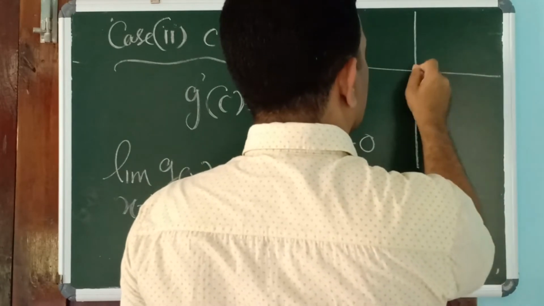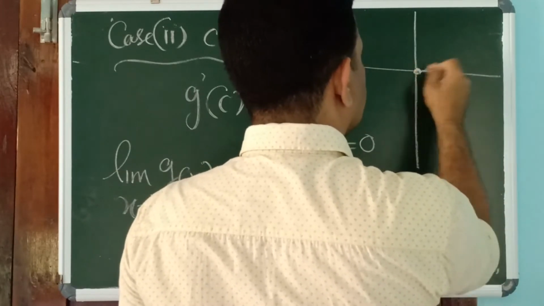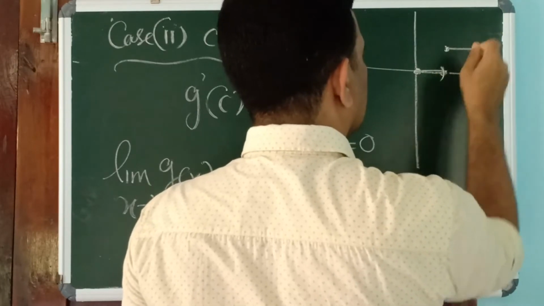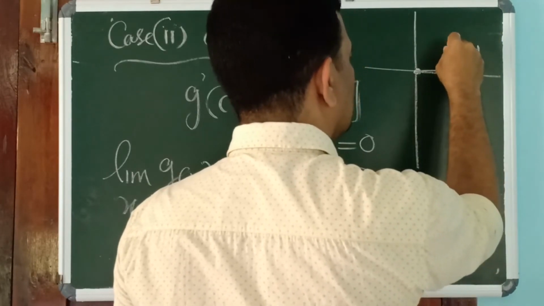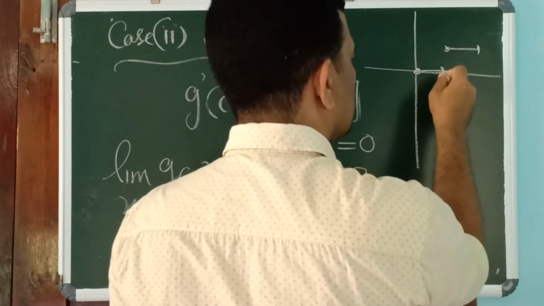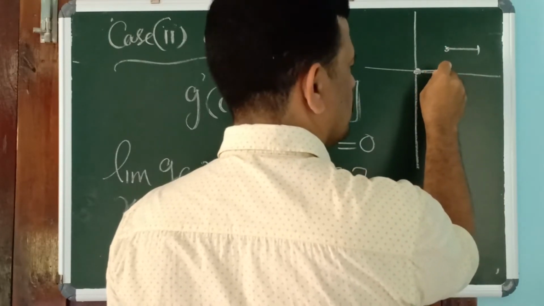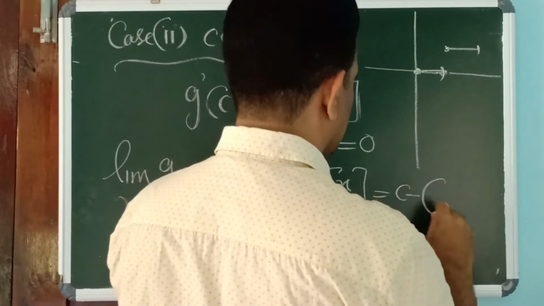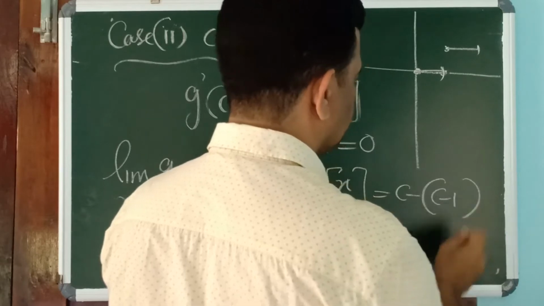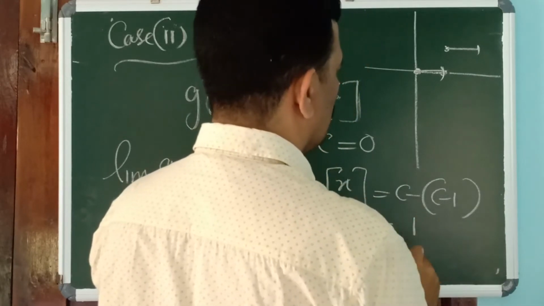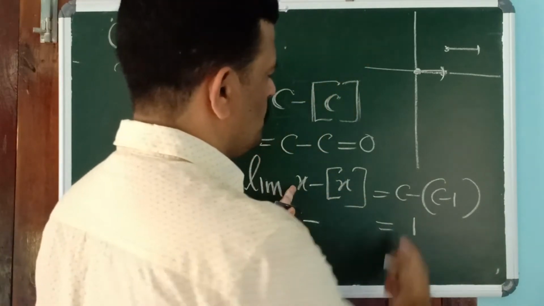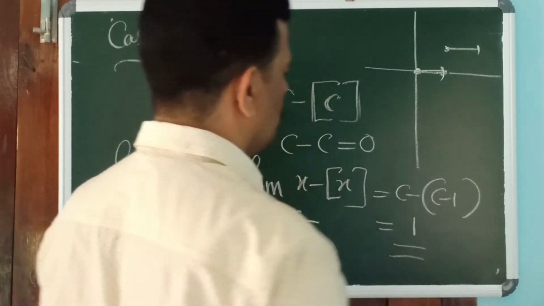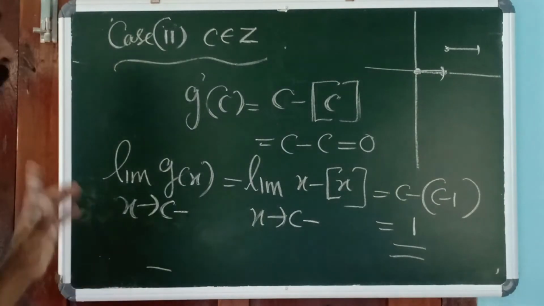If C is an integer, on the left side of C, the function value is C minus 1. Therefore it becomes C minus 1. That we get, it is equal to C minus C plus 1, that is 1. Therefore the left hand limit is 1.